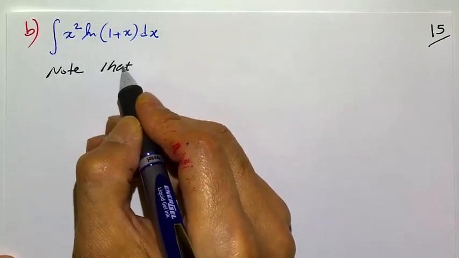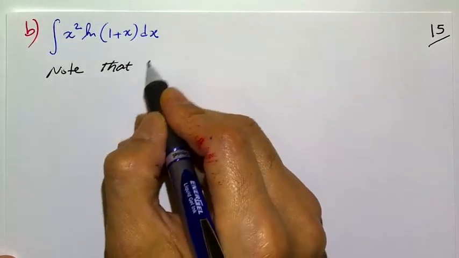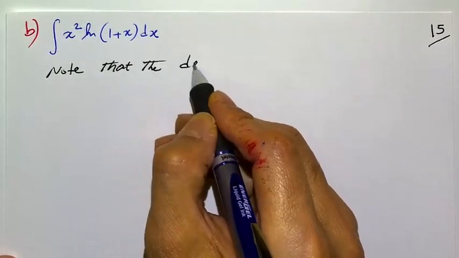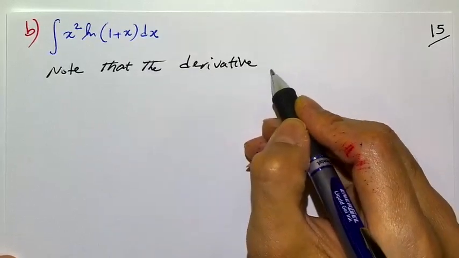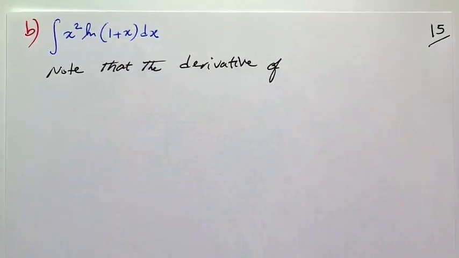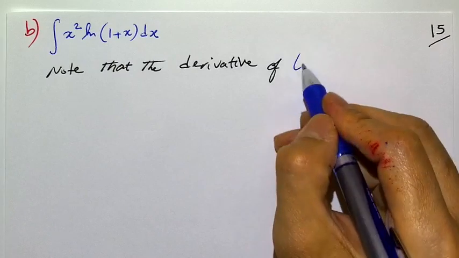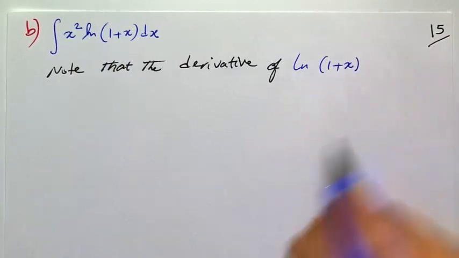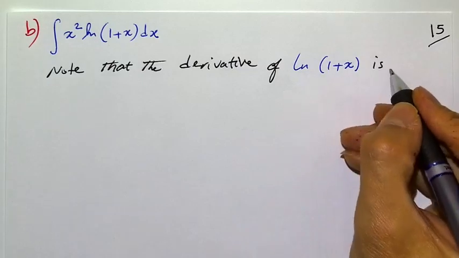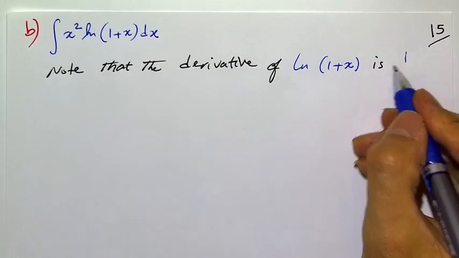Note that the derivative of natural log of 1 plus x is 1 over 1 plus x, right?